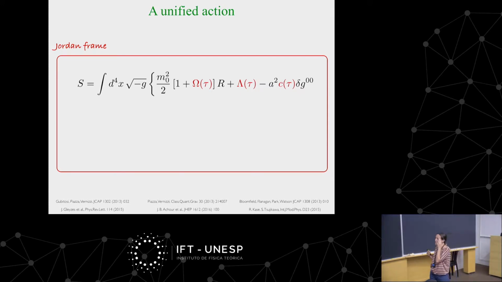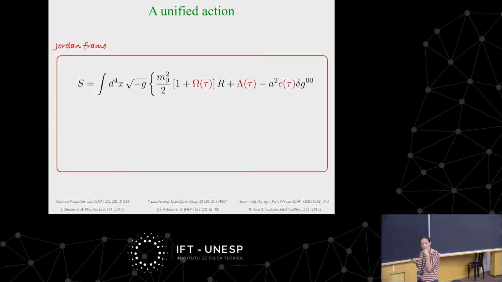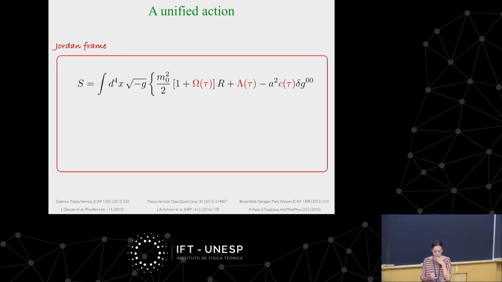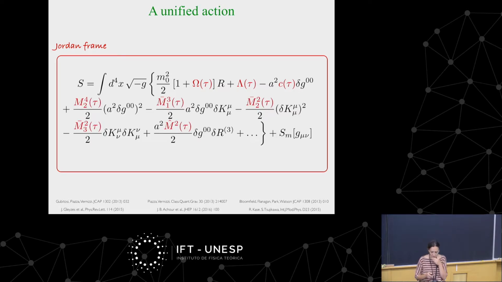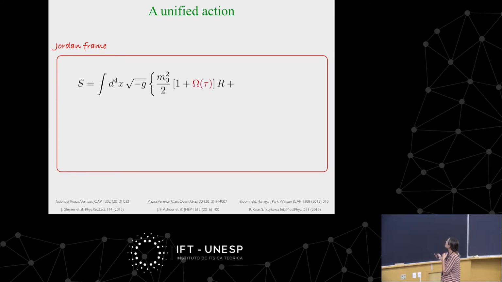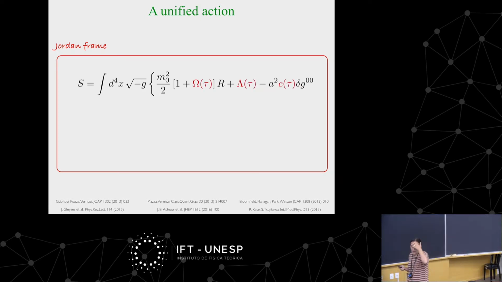So here I'm absorbing this extra degree of freedom that we are used to seeing as phi, a scalar field, into my metric degrees of freedom. And so it's showing up here in the perturbations to delta g^00. So if I stick to this line, I'm just introducing a dynamical scalar field with a standard kinetic term and a possible non-minimal coupling to gravity. So generalized Brans-Dicke, f(R), and all those theories are in here.